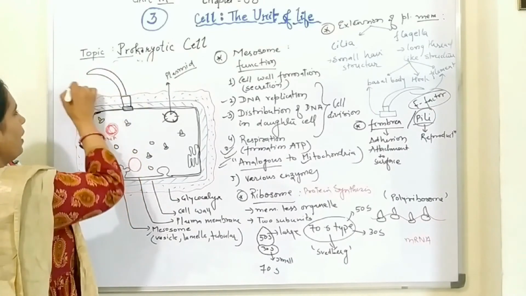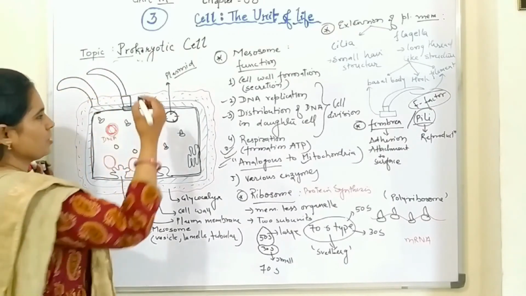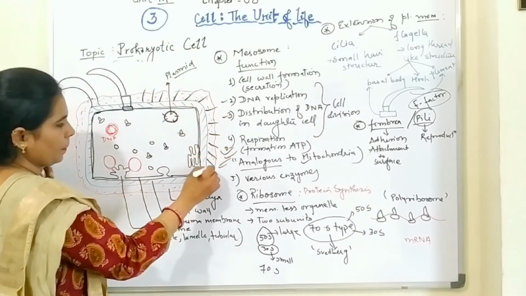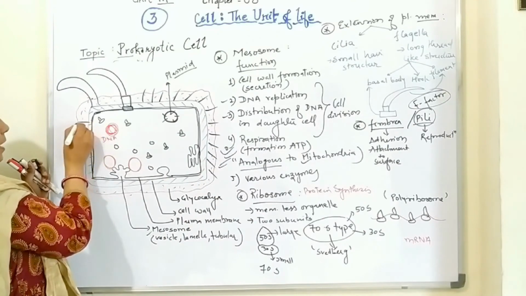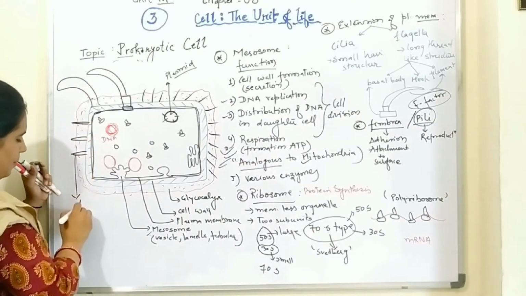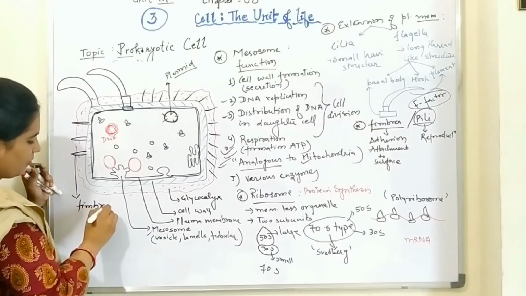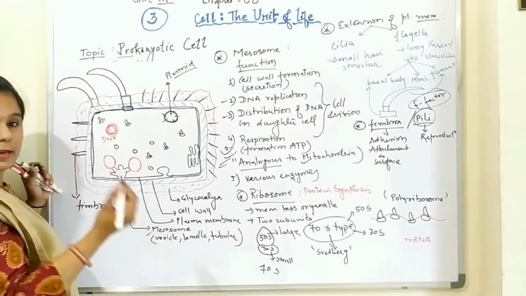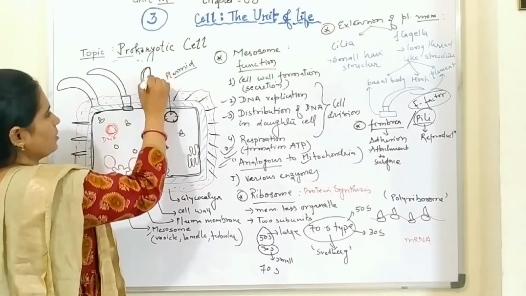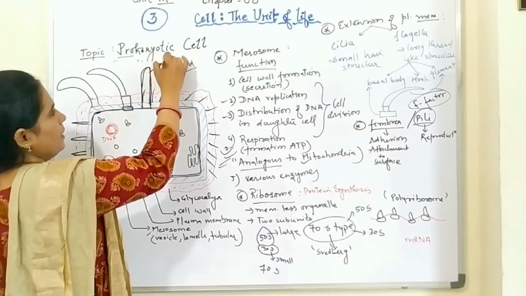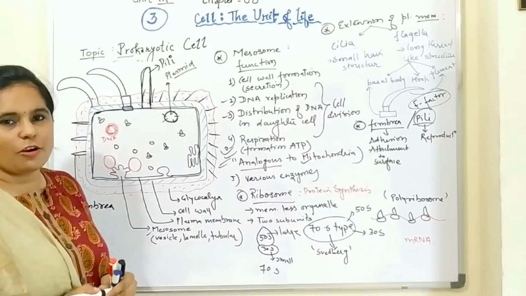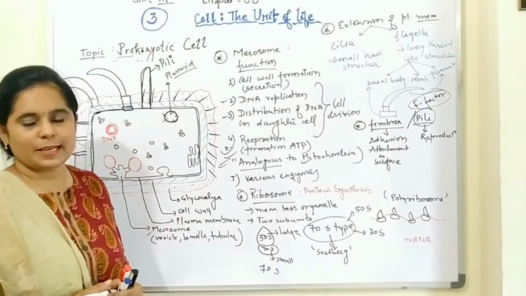Like this you will find flagella attached. Cilia is also there like this. Small bristle-like structures you will see, that is fimbriae, and for the reproduction you will see a bridge-like structure which is pili. Fine. So this is all about the structure of prokaryotic cell.